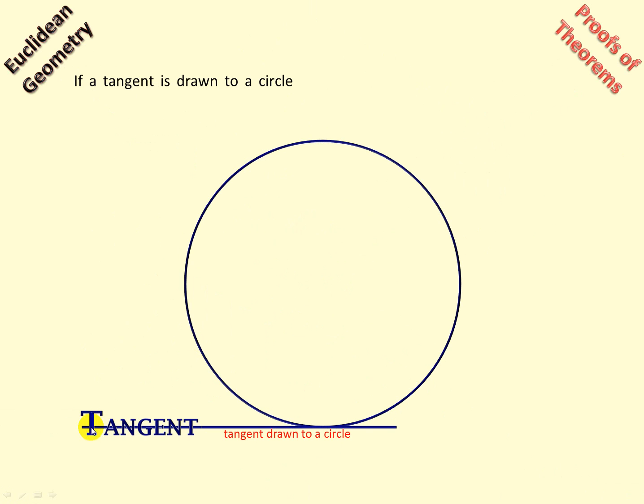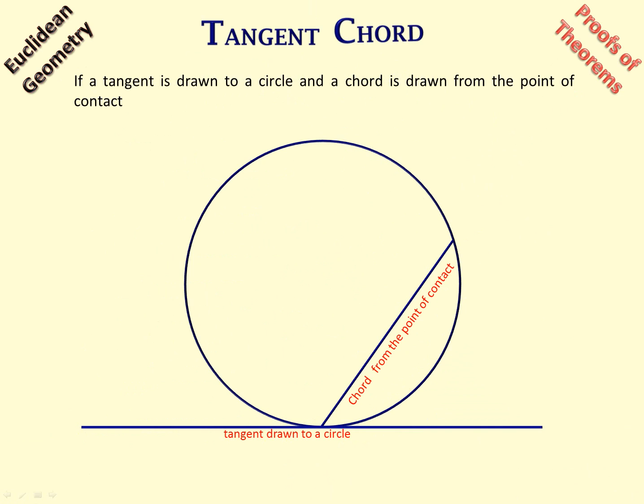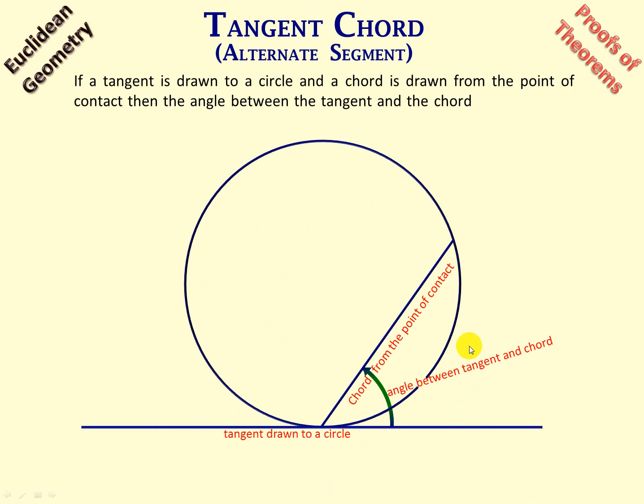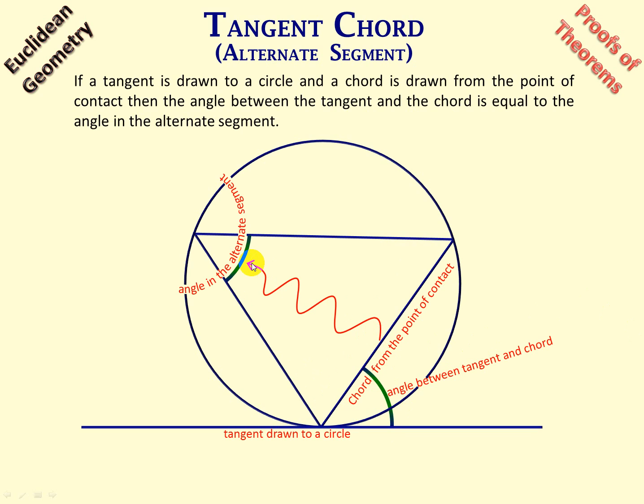If a tangent is drawn to a circle and a chord is drawn from the point of contact, so there's the point of contact, there's the chord, then the angle between the tangent and the chord is equal to the angle in the alternate segment.